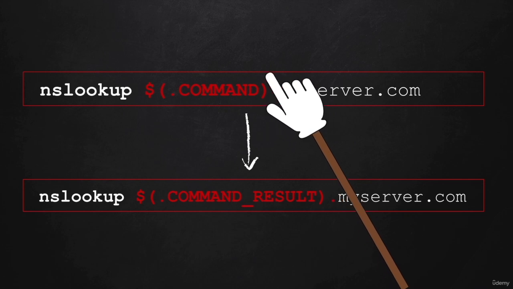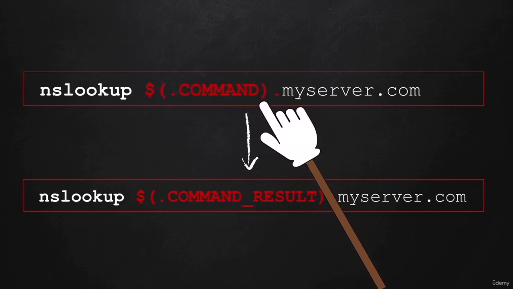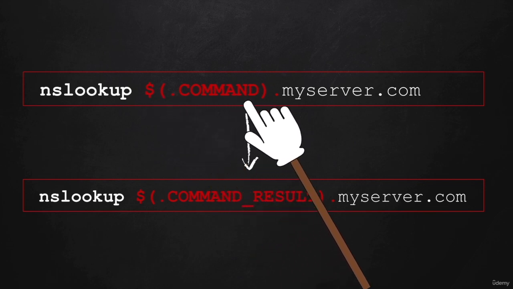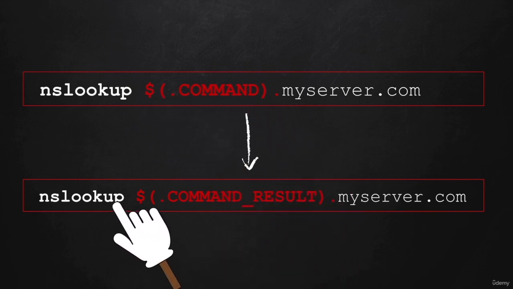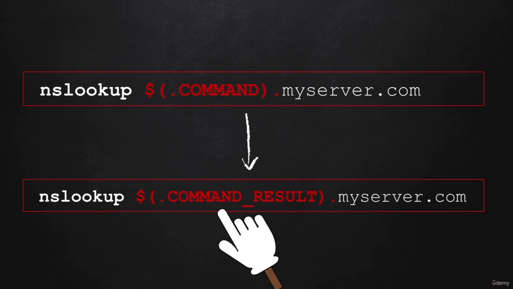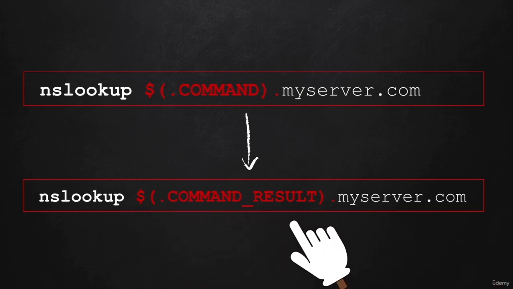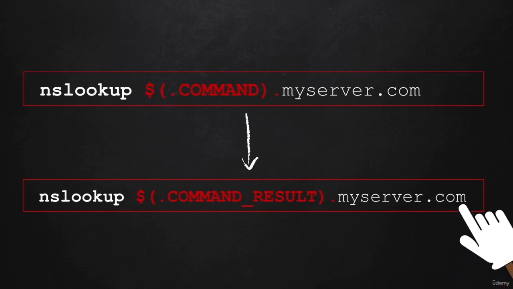And before that, as a subdomain, I'm going to substitute my command like so. The result of substituting the command will be replaced in here, and then nslookup is going to perform a request to a subdomain that is the result of the command .myserver.com. And then if I go to my server, I'll be able to read that in my logs and see the result.